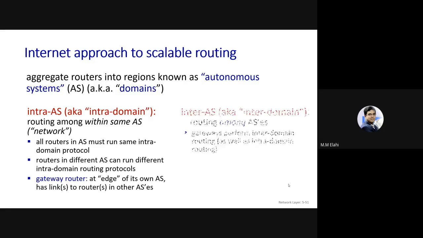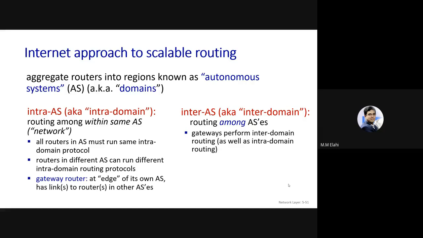For that, we have to have another category of algorithms, that is inter-autonomous system, okay? Inter-university. So among the universities, not within the university. In this case, we cannot employ the normal routing protocols like EIGRP, RIP, OSPF.